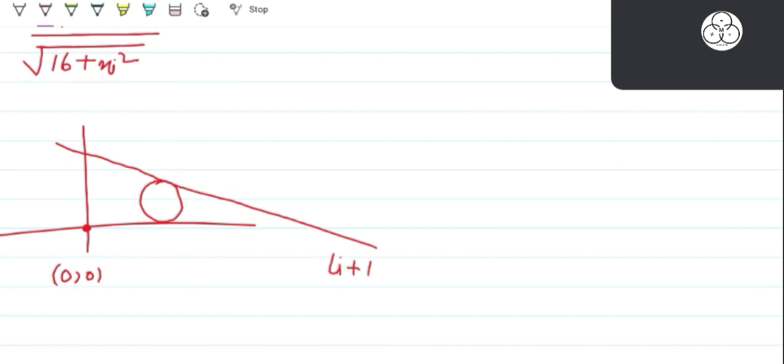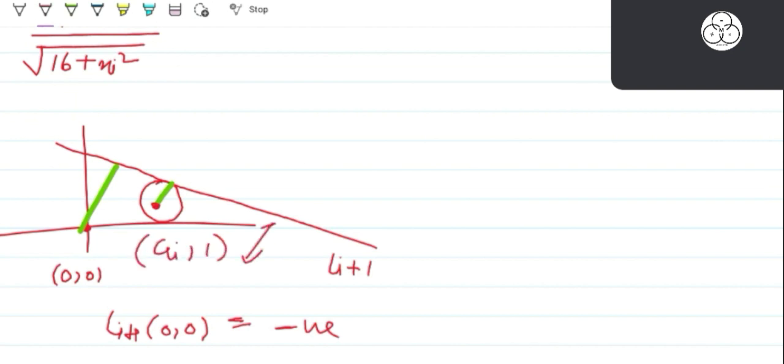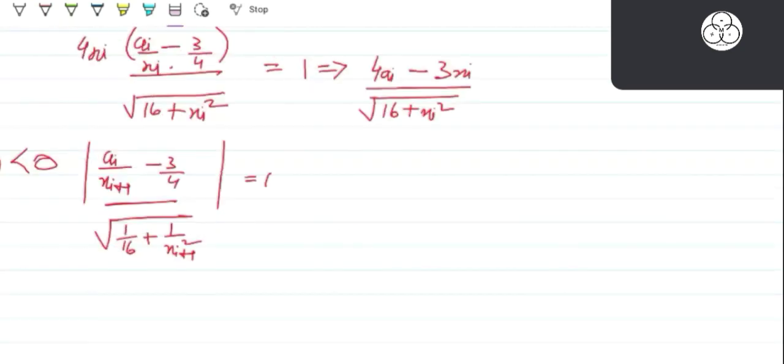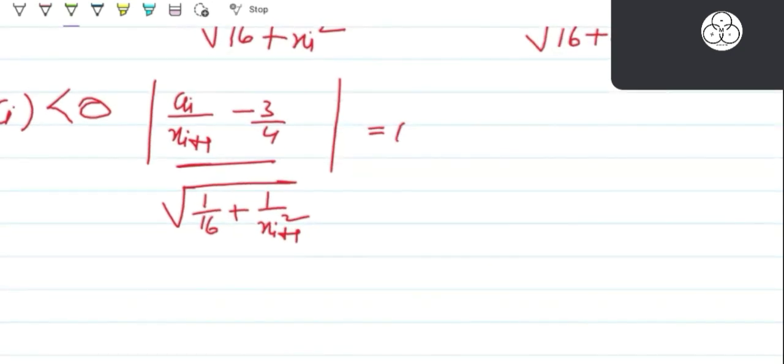When we put the value of 0 comma 0 on this line, we have a negative value, and the center and this lie on the same side. That means when we put the value of the center, that is Ai comma 1, we are also going to have a negative value, because they lie on the same side. So this is going to open with a negative sign.